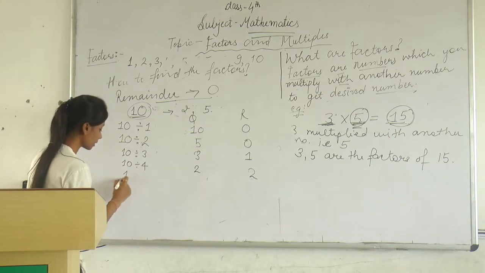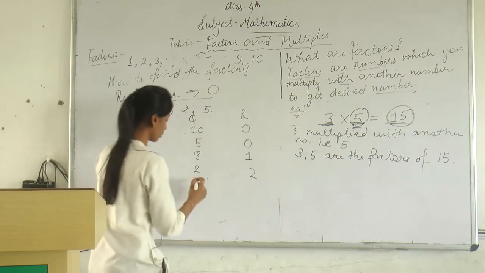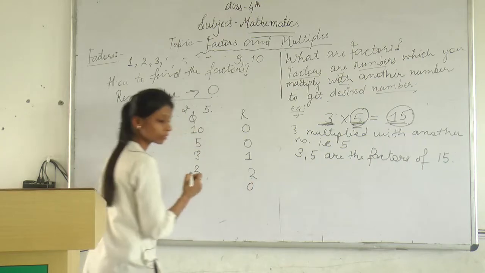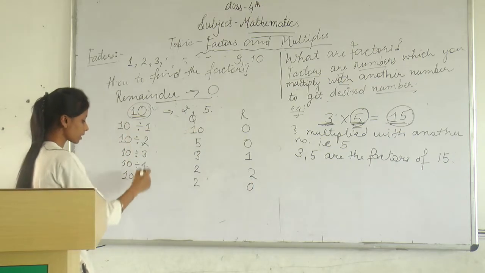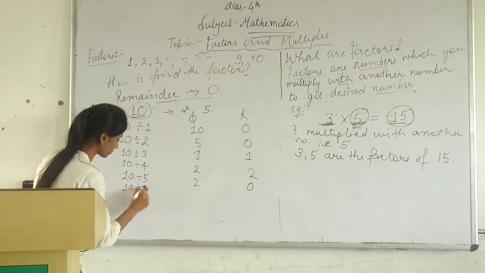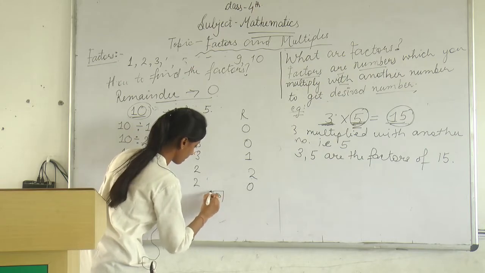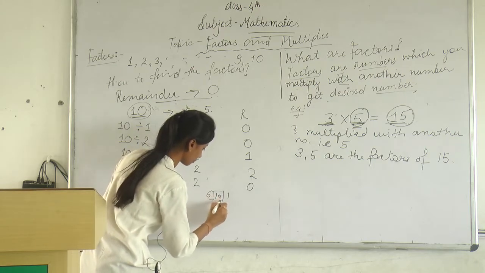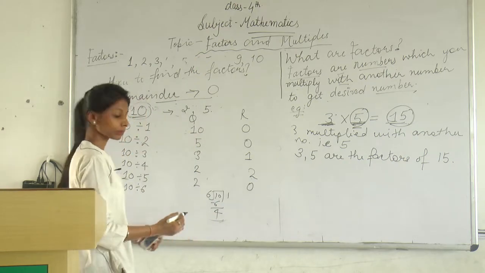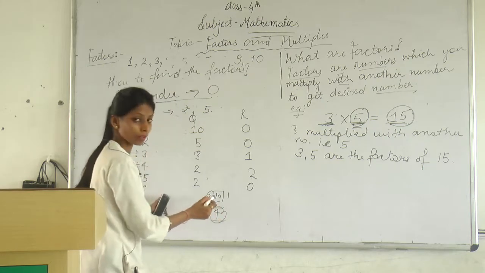So, like this, we divide 10 by 5. What quotient comes? 2 and the remainder 0. Like this, we divide up to 10. Now you can see here, if we divide 10 by 6, what remainder do we get? 4.